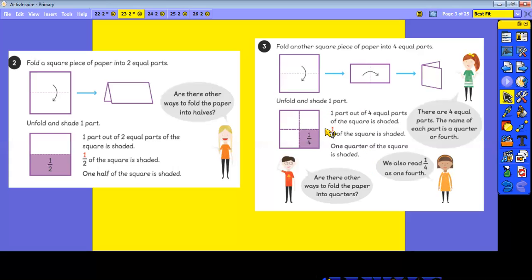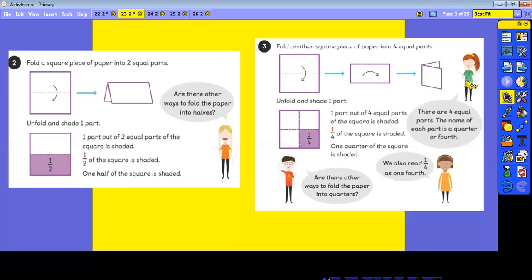If you do shade 1 part out of 4 equal parts, we say 1 out of 4 equal parts of the square is shaded, and this represents 1 quarter. 1 quarter of the square is shaded. 1 equal part out of 4 equal parts.